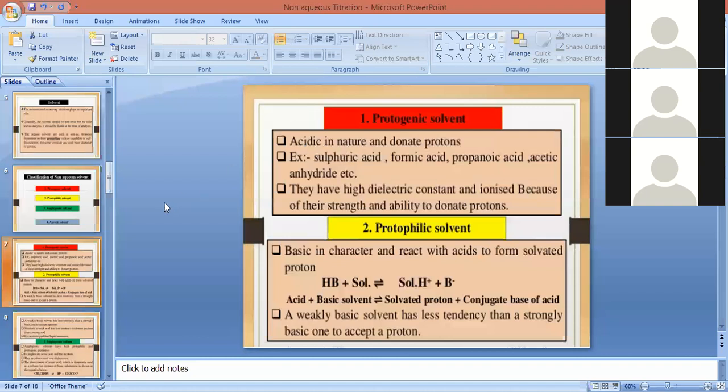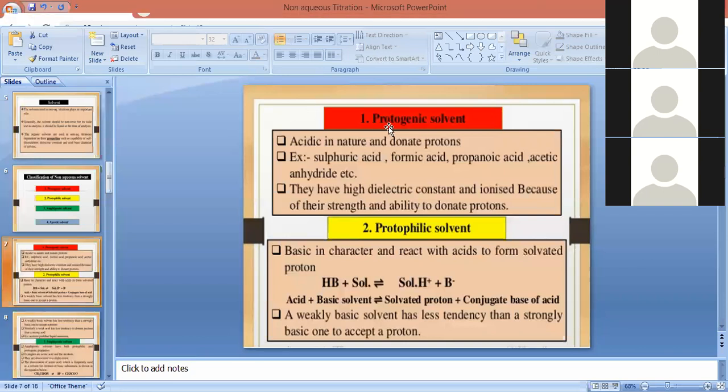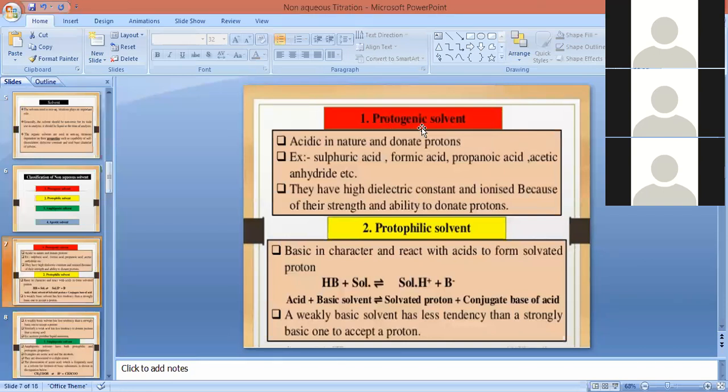Since non-aqueous solvents follow the Lowry-Bronsted theory, according to it, an acid is a substance which donates the proton. So here the name itself indicates protogenic means proton or H plus producing solvent. So it is basically acidic in nature. Protogenic solvents are acidic in nature and they usually donate the proton.